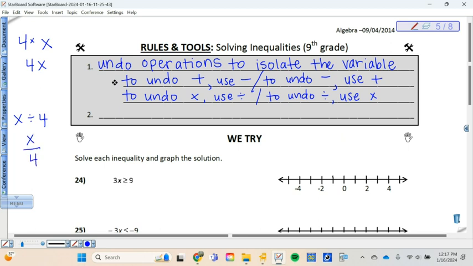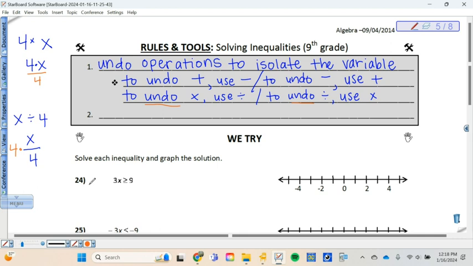X over 4, right? So when I see 4x, I think that's 4 times x. And the way that I undo multiplication like that, I divide. If I see something like this, it means divide, and I undo division by multiplying, right?